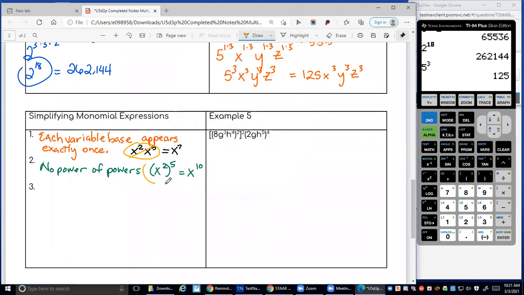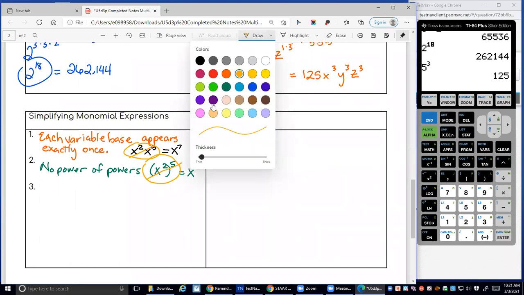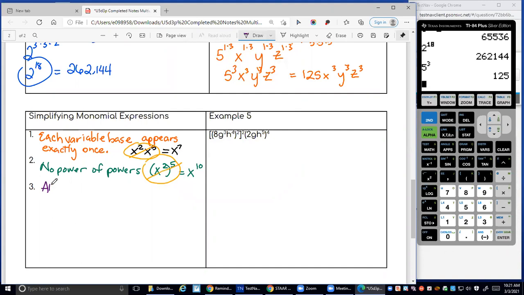So I'm going to put a little no on that one. Okay. Number 3, all fractions are in the simplest form.